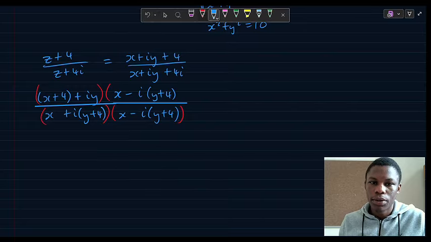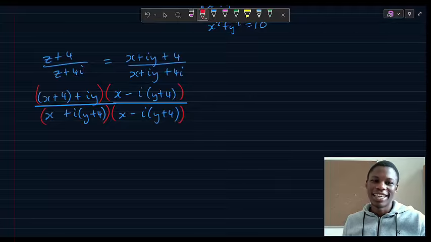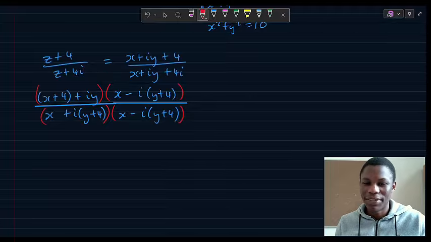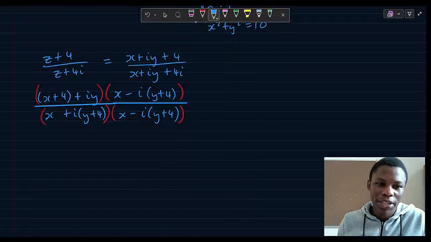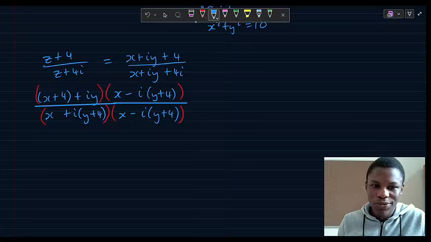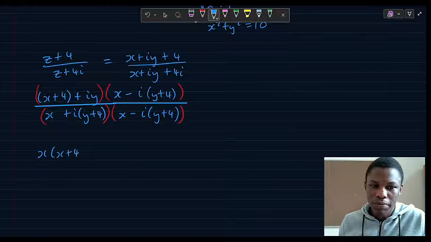And now it's refusing to switch to red. Now we have to expand. Let's expand our numerator. I'll start by multiplying my real part (x + 4) with the x, so I've got x times (x + 4).